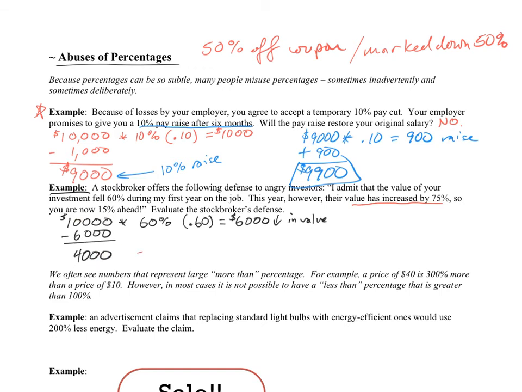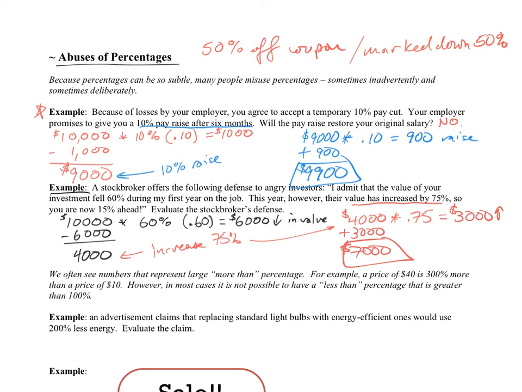It's very similar. Increase 75%. So over here off to the side, I'm going to do that. $4,000 times 0.75 is $3,000 increase. So we will add $3,000, and clearly you are not 15% ahead.